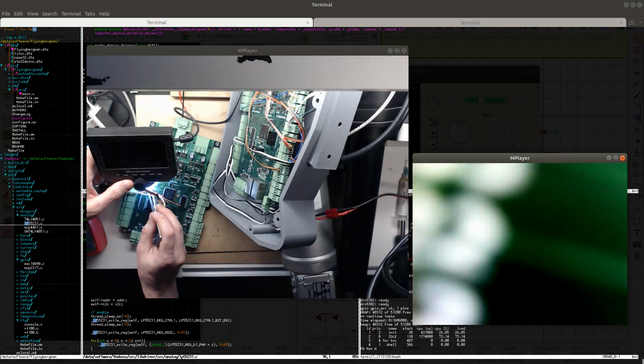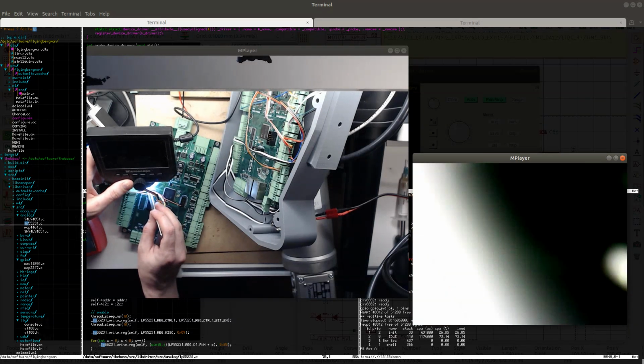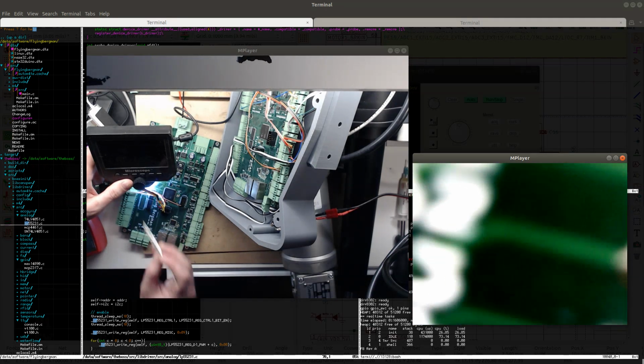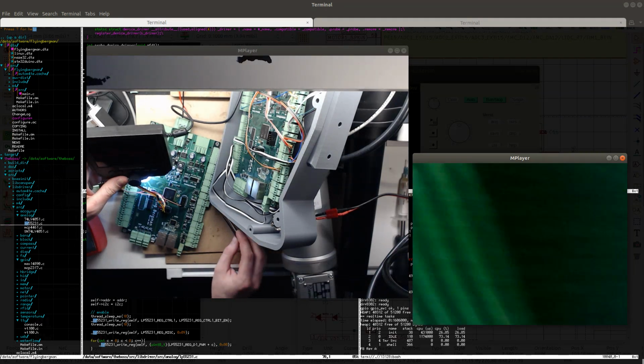Dog hair is stuck. Dog hair is soldered to a capacitor. There we go. Awesome.